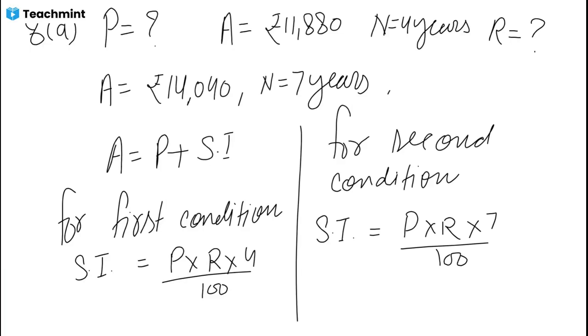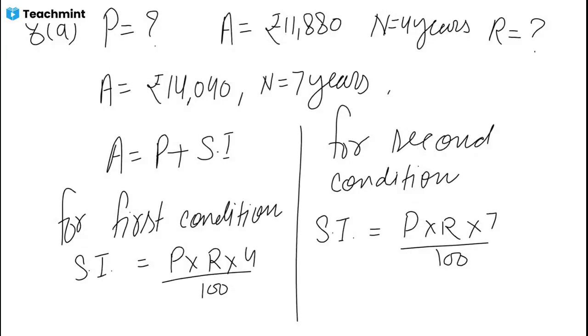We need to form A because we have A only in both conditions. So let us write it. So P plus SI for the first condition is P plus 4 times of PR over 100, which is equal to 11,880.